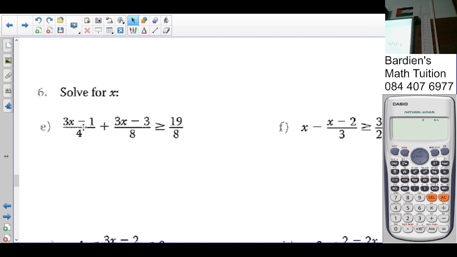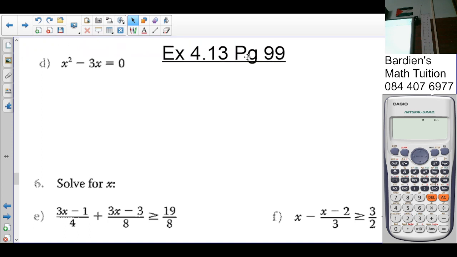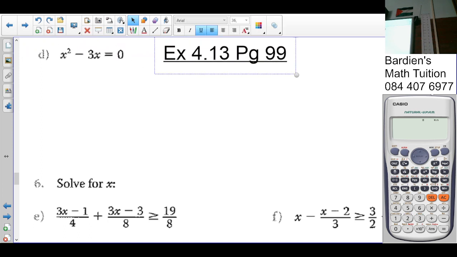Okay, the next one, 5C. What are you going to do here? Don't you do the two paragraph thing? X is a common factor. You talked about trinomial, but you think this is in 2 terms. 2 terms is what?